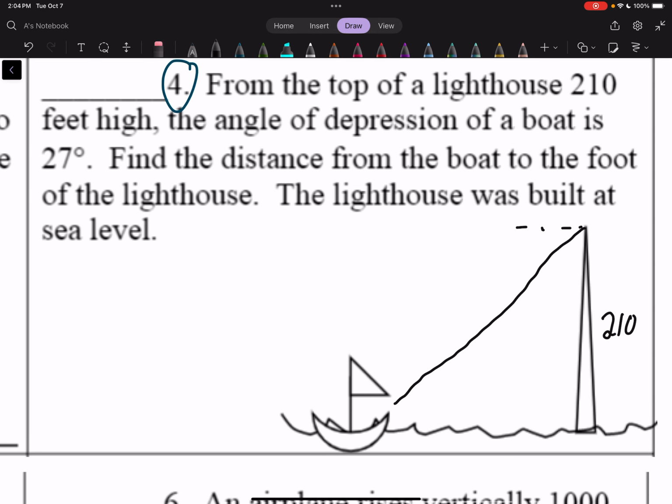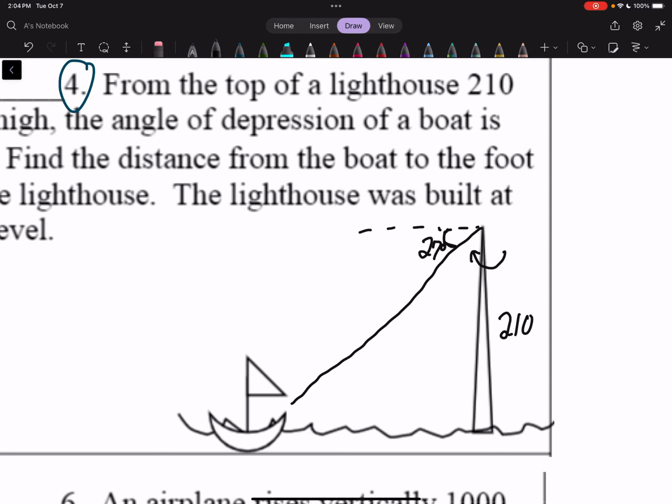If I was to extend a line, it is saying that the angle of depression from this line is 27 degrees. So to find the angle that I need to set up my ratio, it is 90 minus 27 degrees for that angle of depression. This is a 63 degree angle.